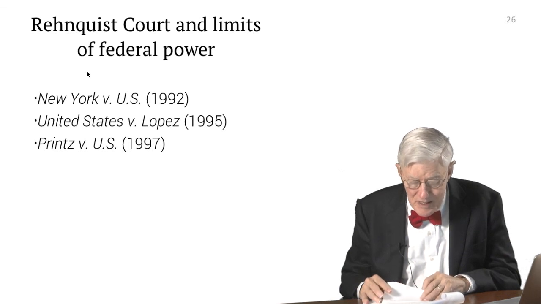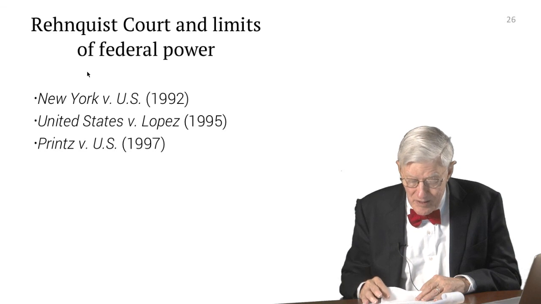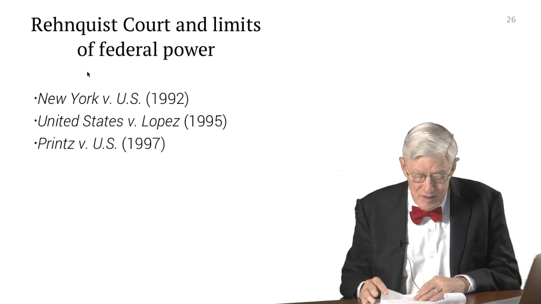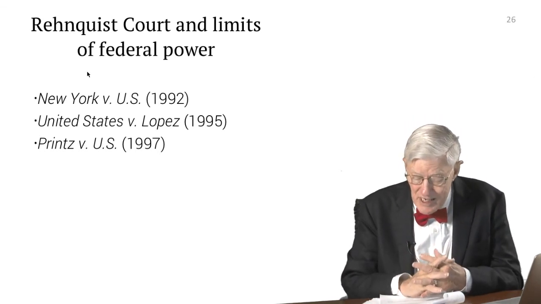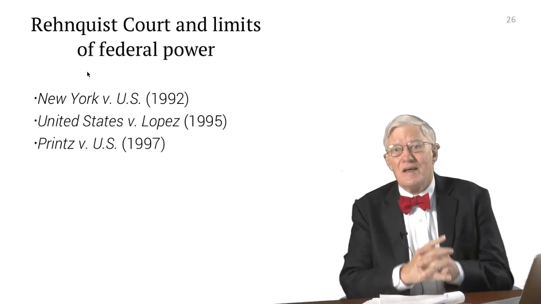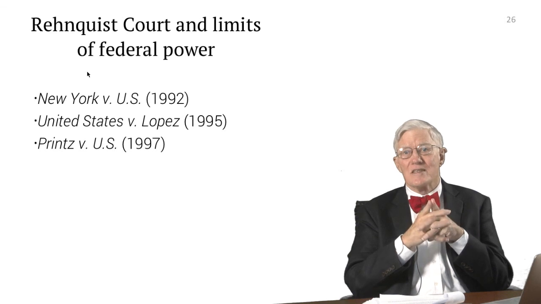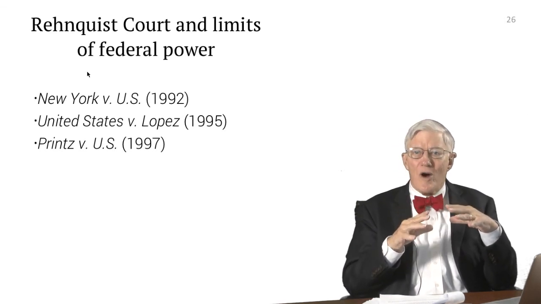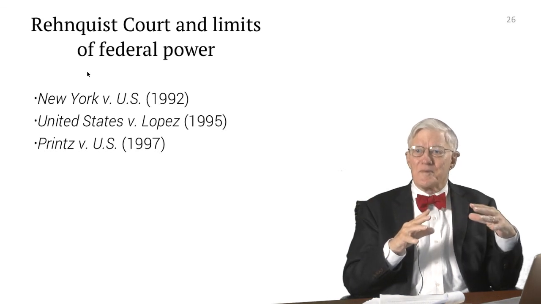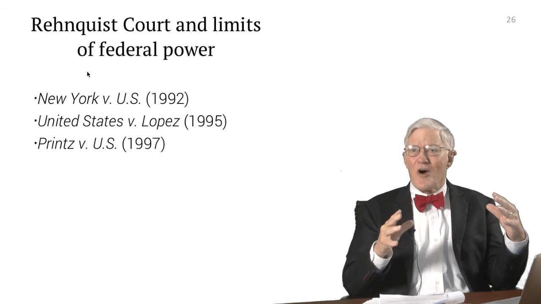U.S. versus Lopez said that, again, Congress was without power under the Commerce Clause to enact legislation to prohibit anyone from knowingly possessing a firearm in a school zone. Part of the analysis in Lopez was that the federal legislation required local law enforcement officers, sheriffs and police officials, to enforce the law.